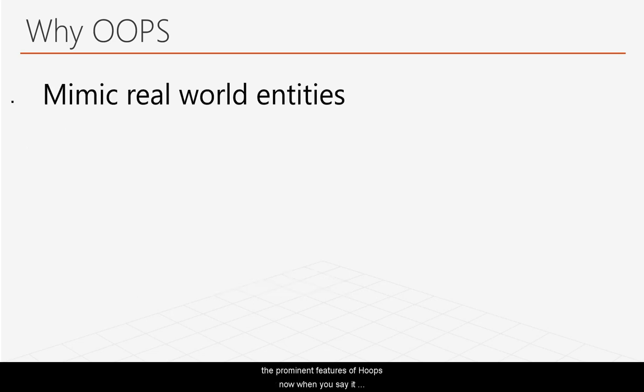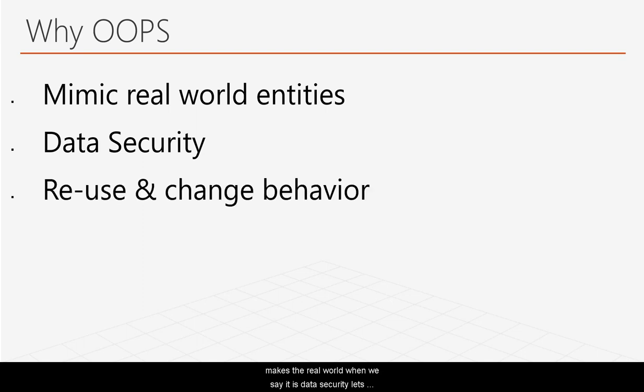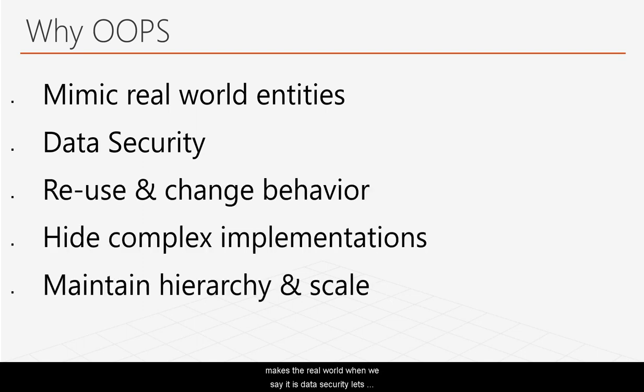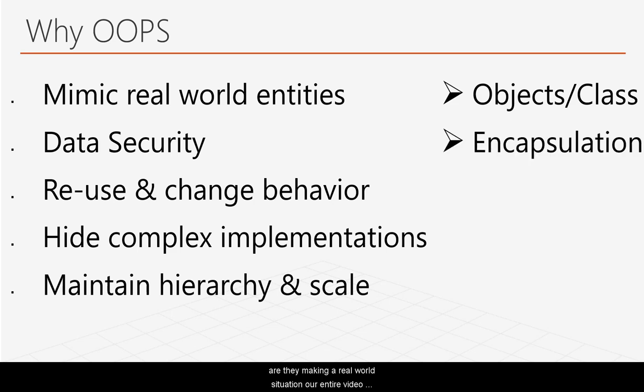Now, when we say it mimics the real world entity, when we say it is data security, let's look at which of these features of OOPS is enabling each of these. So when we say mimics real world entities, it is actually an object or class. We looked at it in the last section as to how the object or class is mimicking a real world entity. Data security is enabled by encapsulation.